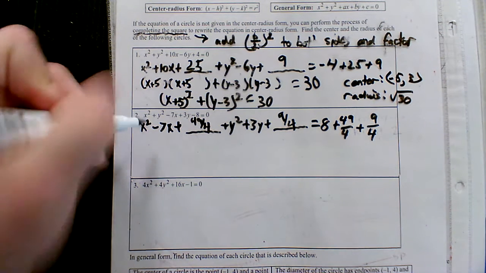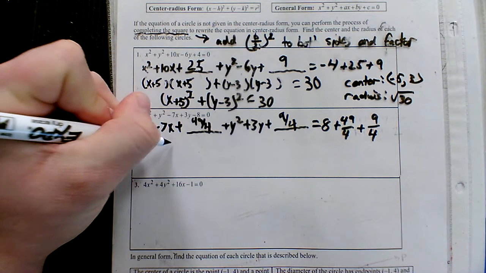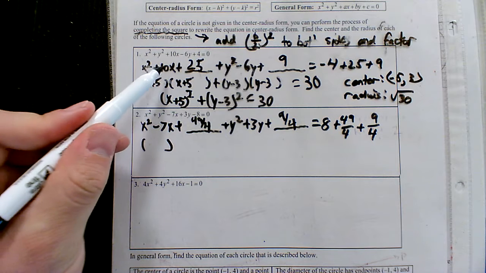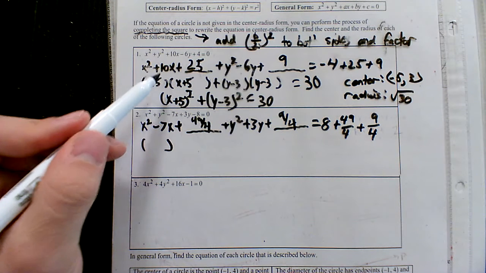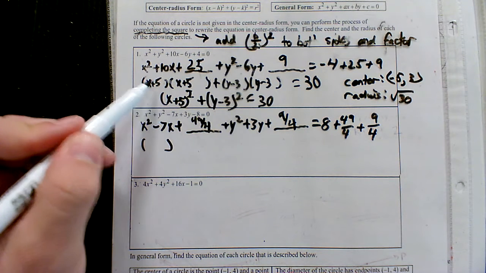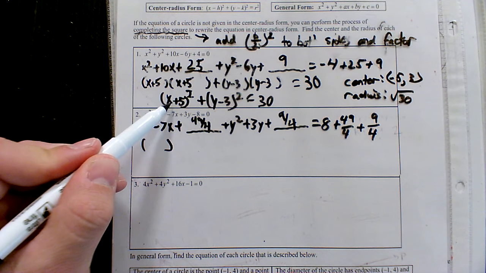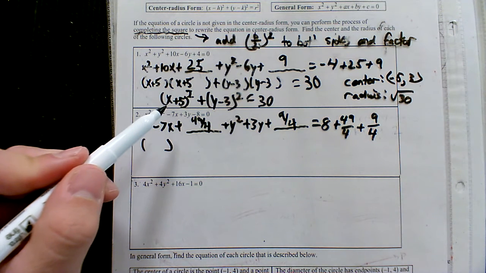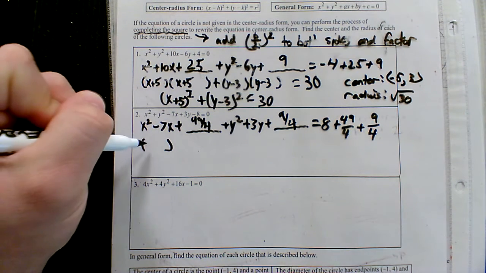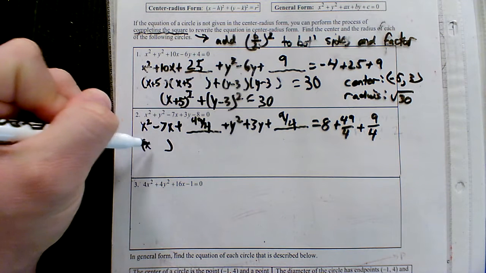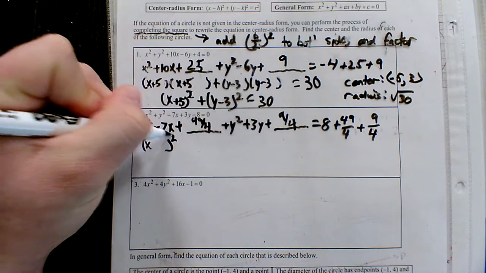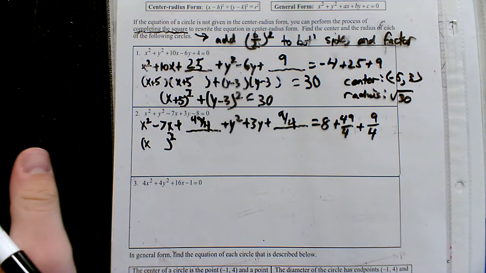Alright, so now, like up above, we need to factor. Since we completed the square, these are going to factor into something squared. So we can go straight from this step to this step, because whatever that's going to be is the same thing twice. So this one is going to be x plus or minus something squared.